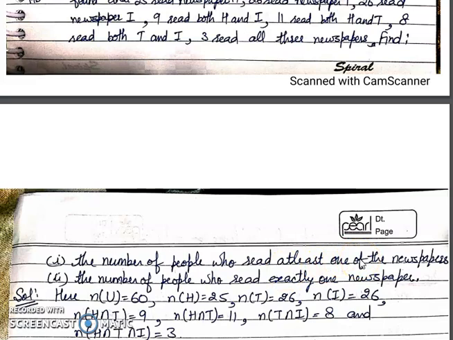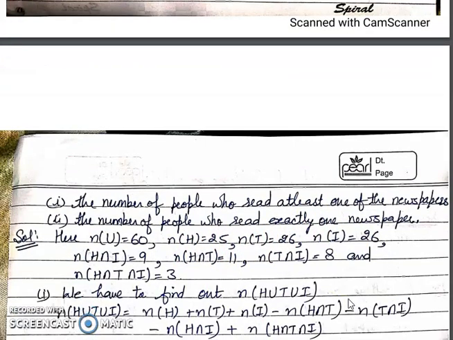Now we have to find out the number of people who read at least one of the newspapers. When we started the word problem, I told you at least means we have to find its union. H union T union I. So apply the formula.